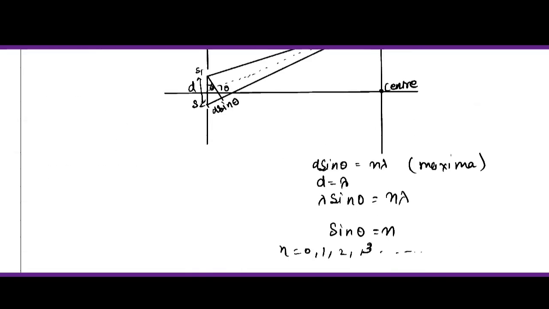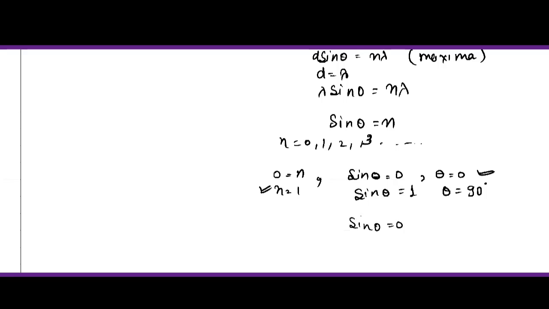Now next is the second option, and this was the first option. If we find the value of d from here, d is equal to n lambda by sin theta.